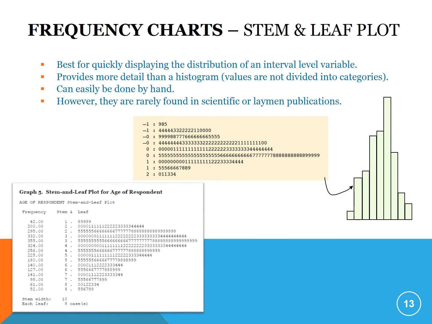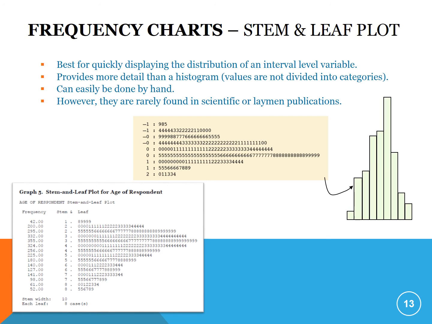All right, these are not used so much anymore these days, but I would say, coming from an engineering background, that they're probably still used in the engineering world, especially where you have a lot of numbers that you're dealing with. So stem and leaf plots are best for quickly displaying the distribution of an interval level variable, especially when you want to do it by hand, because it can be easily done by hand.